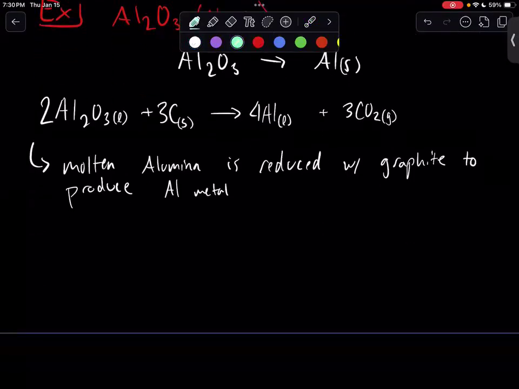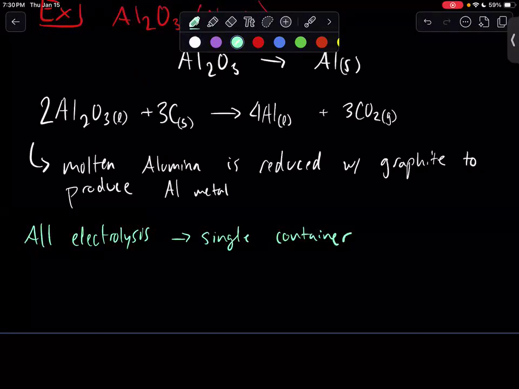So what is needed in electrolysis? Well, all electrolysis consists of four things. One, we have a single container. So unlike a voltaic cell, which happens in two half cells, this happens in one big batch. We have two inert electrodes.